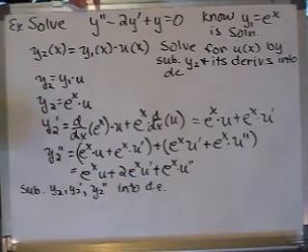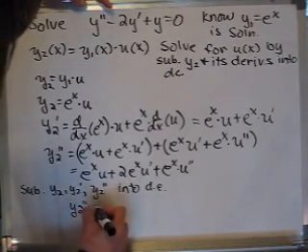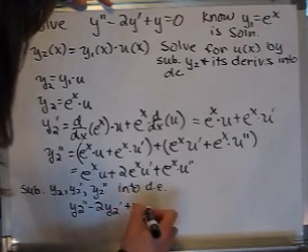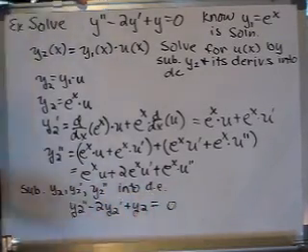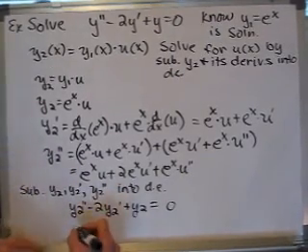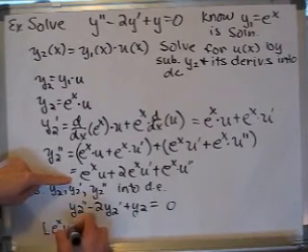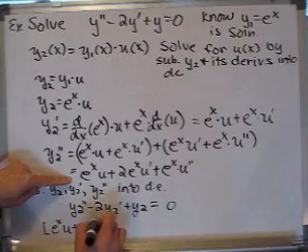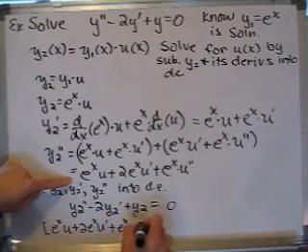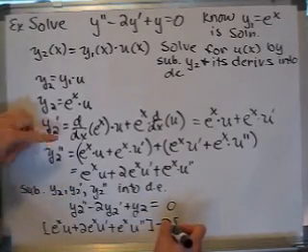And so I'm going to get something like y2 double prime minus 2y2 prime plus y2 equals 0. y2 double prime was e to the x times u plus 2 e to the x u prime plus e to the x u double prime. That's going to be minus 2 times y2 prime.